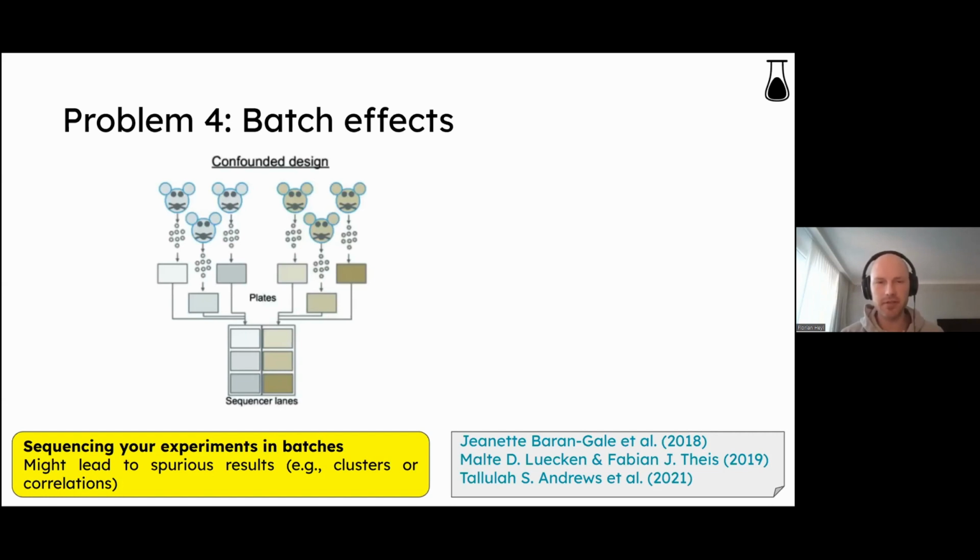With batch effects, this means you have your biological variants and your technical variants. And the technical variants are introduced by the person who is performing the experiment, or by the individual, so where the cell material came from, which site.